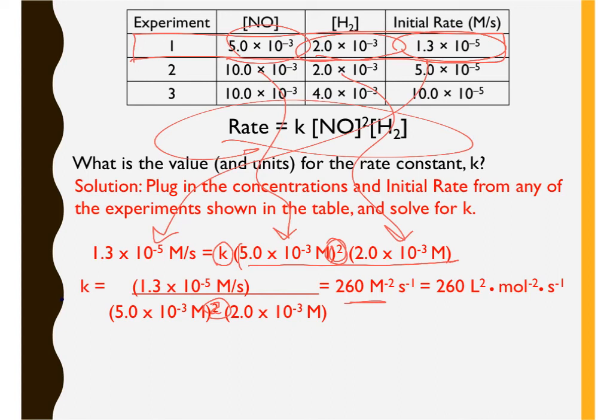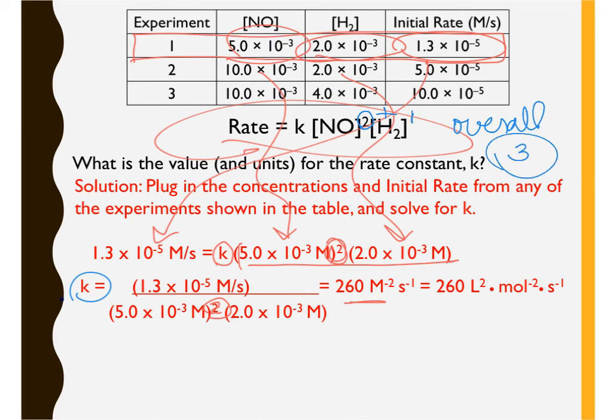And now I want to talk for a minute about the units for K. Units for K are really, really important. And the units for K differ depending on the overall order of reaction. So what is the overall order of reaction for this? In order to get the overall order, you simply add together the orders of all the reactants. 2 plus 1 is 3.